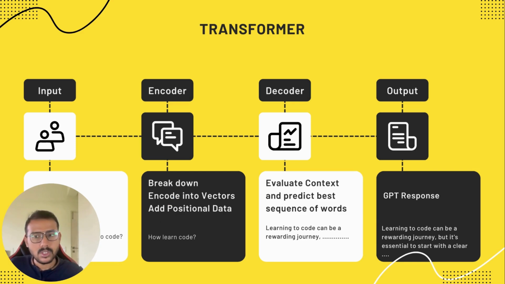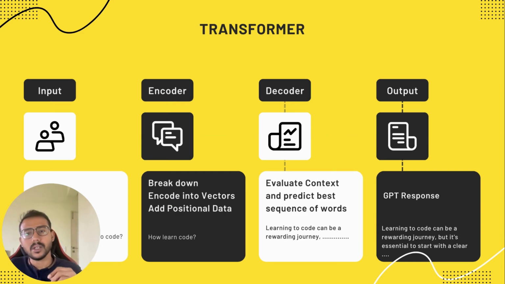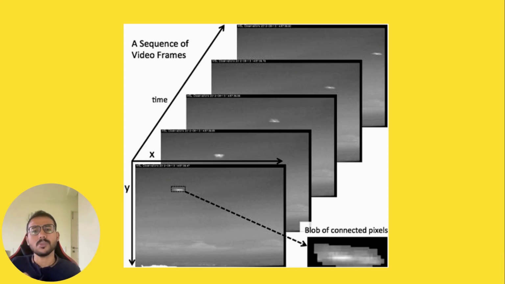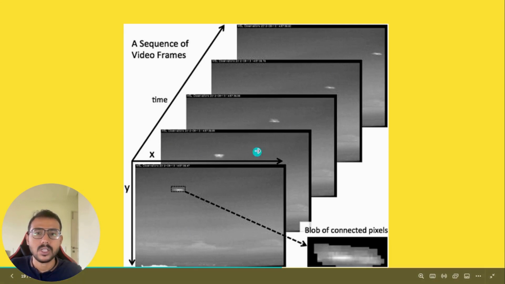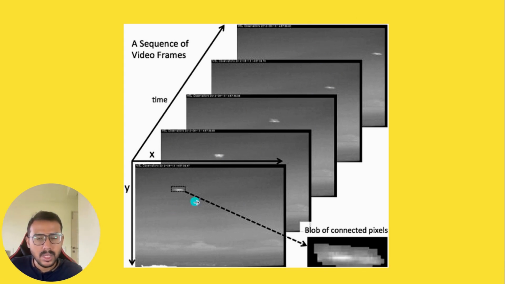Now for Sora, OpenAI created a method to implement a similar concept for videos. They converted the raw video into a series of single images. Now this list of images is cut into smaller pieces, and we call these patches. What exactly are patches? Patches are groups of pixels across multiple frames.